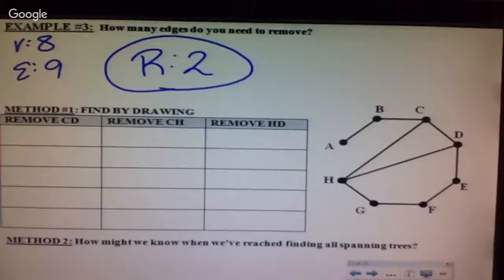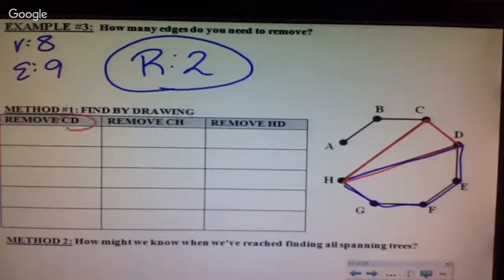So I have 2 circuits. I need to remove an edge from this circuit, and I need to remove an edge from this circuit. In my first circuit, I have how many options in the red one? I have 3 options.